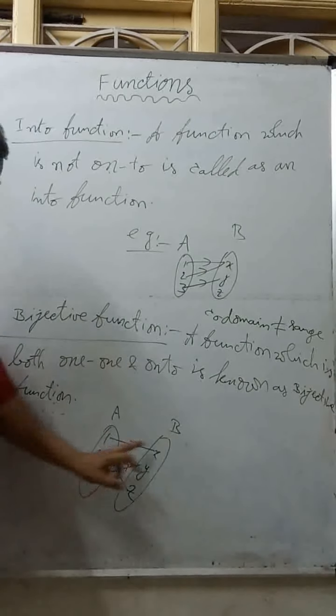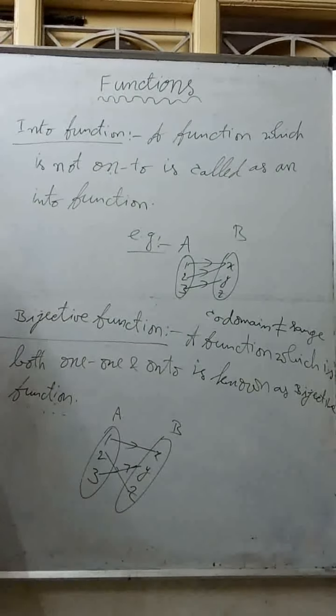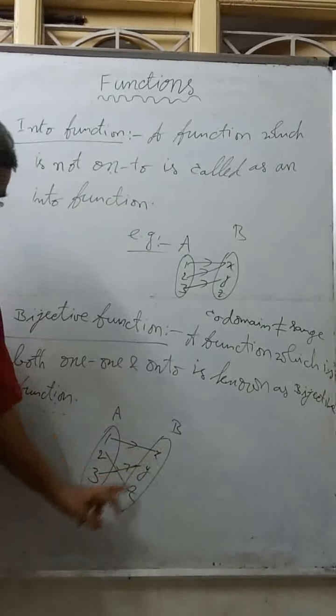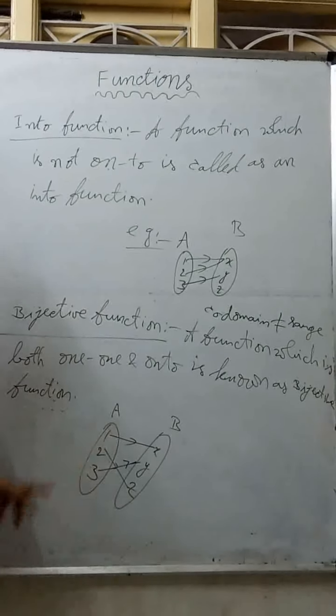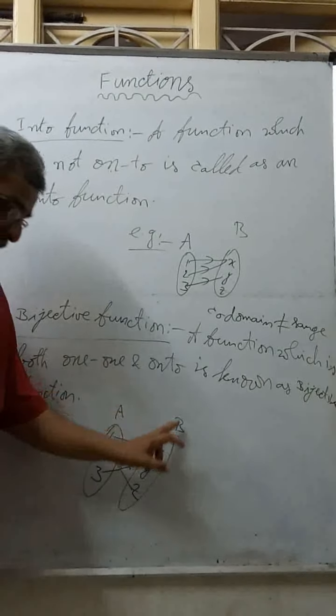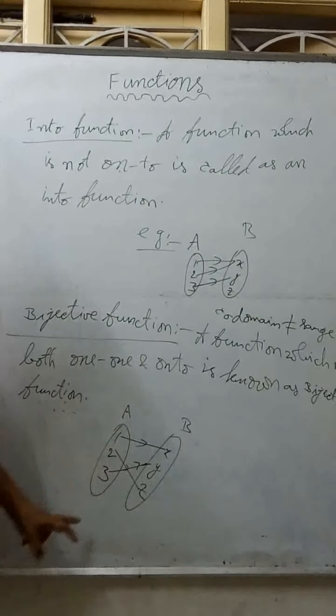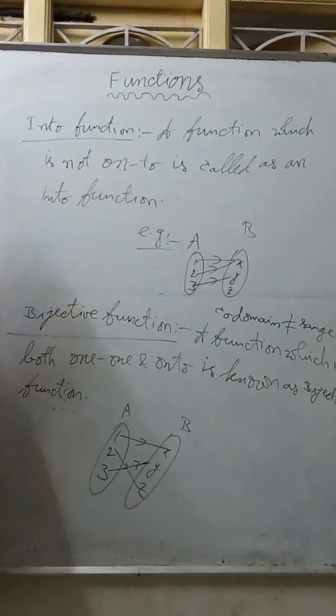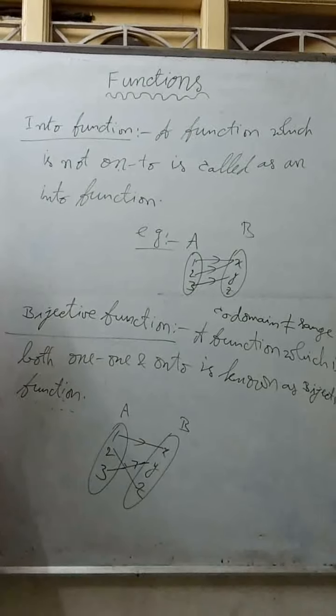Each element is mapped to only one element in B, and different elements of A have different images; different inputs have different outputs in B. This is 1-1, which we already discussed.